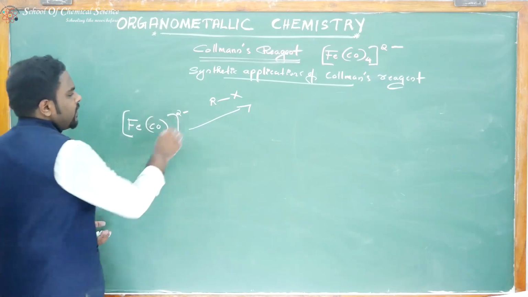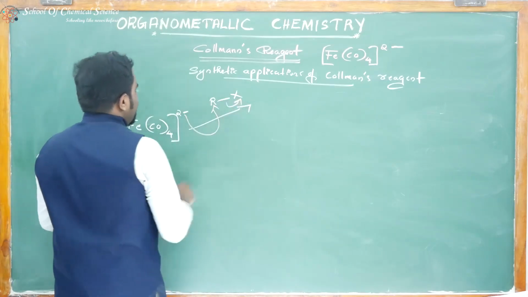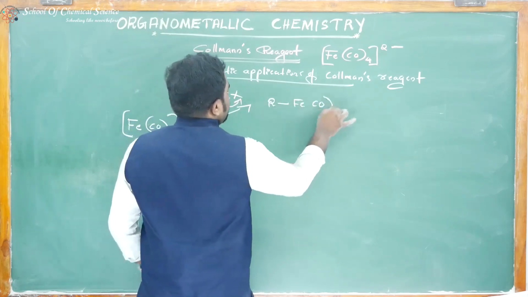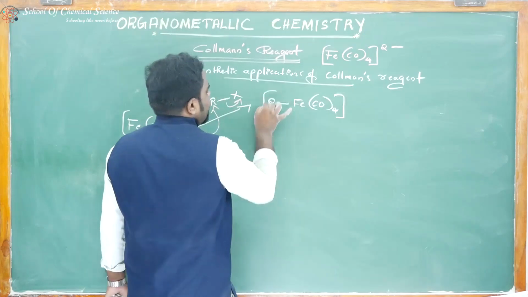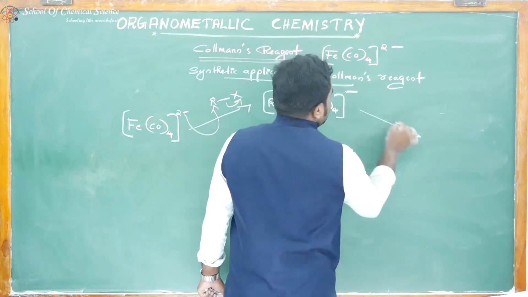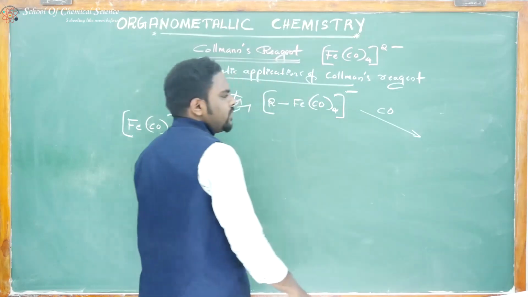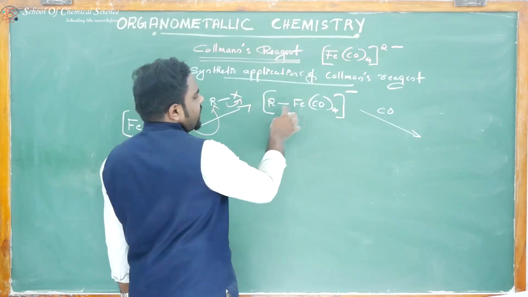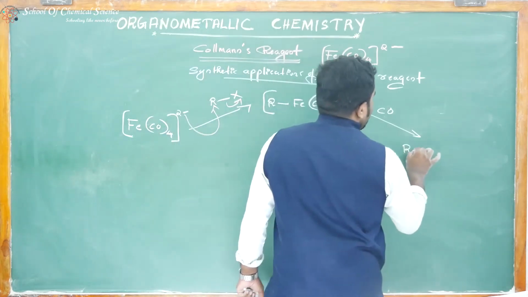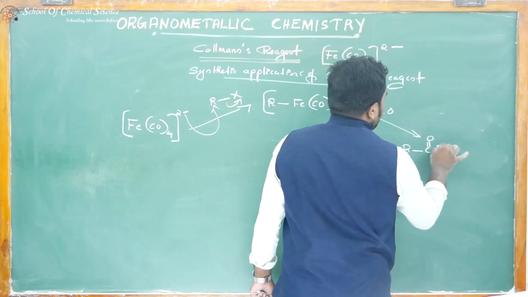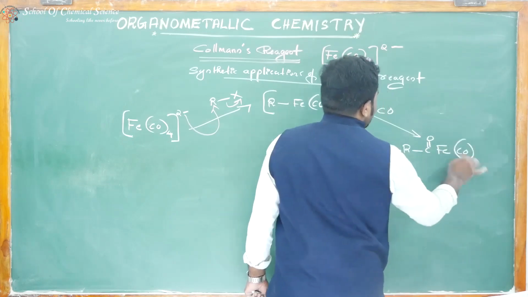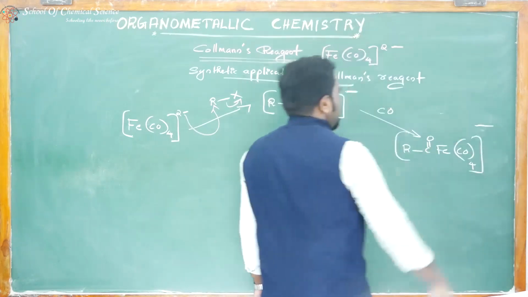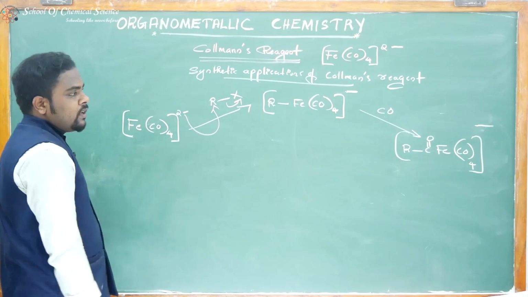What will be the reaction? The negative charge attacks R plus, and X minus will be eliminated. So you will get RFe(CO)4 1 negative. This on reaction with carbon monoxide, what do you get? Migratory insertion. One of the already coordinated COs is inserted between metal and R, giving RCO Fe. The incoming CO is added, then Fe(CO)4 1 negative. That will be the product.